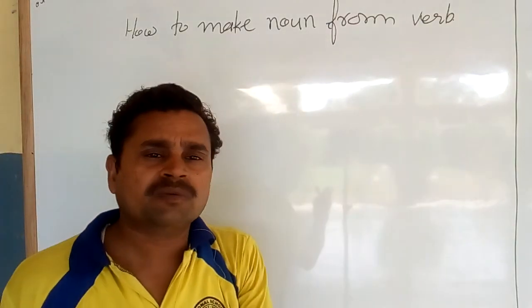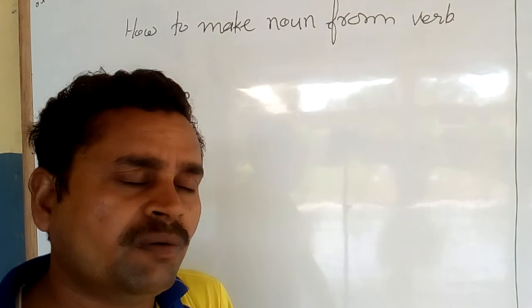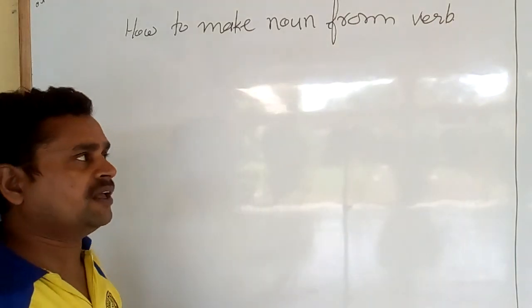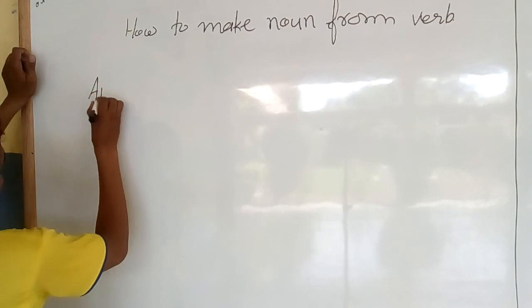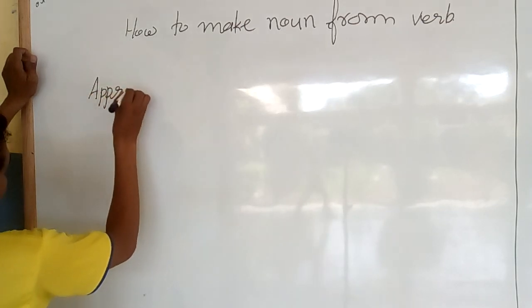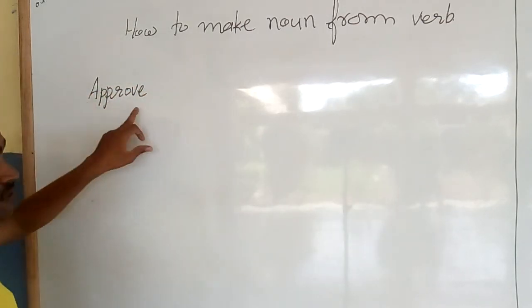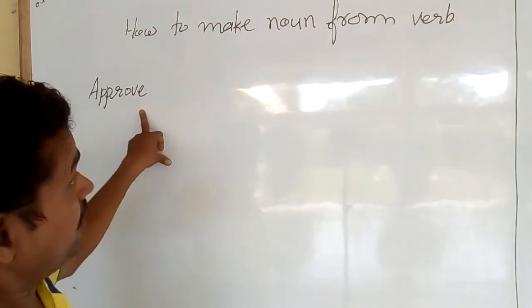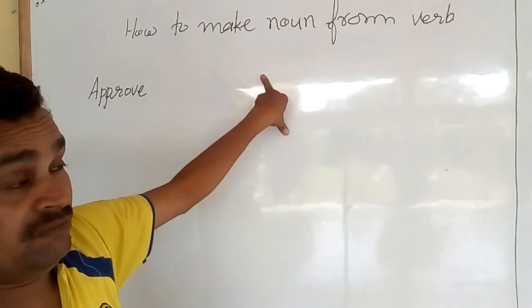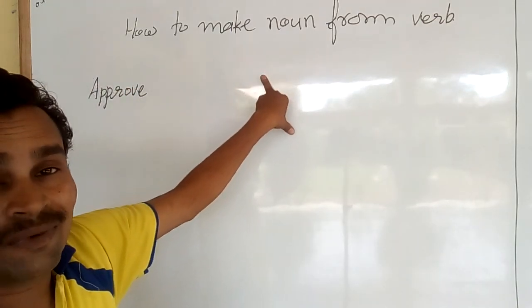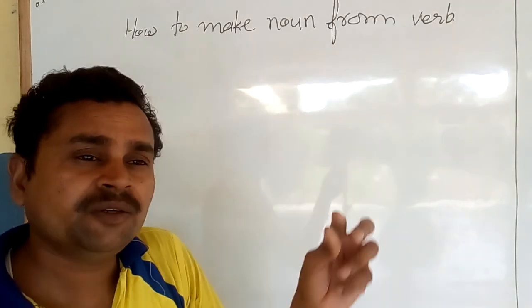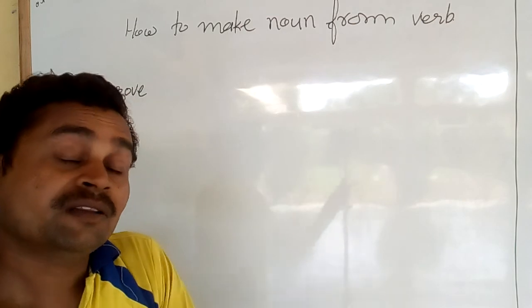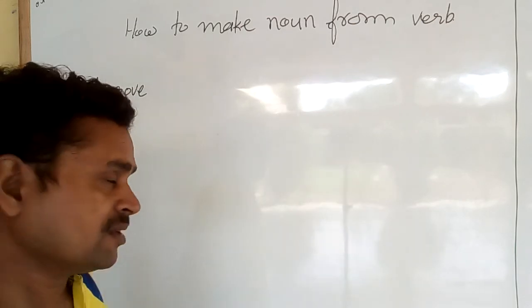For example, you can take a single verb and change it. For example, approve. Approve is a verb, and by adding al at the end of this word, you can form another word that will be a noun.